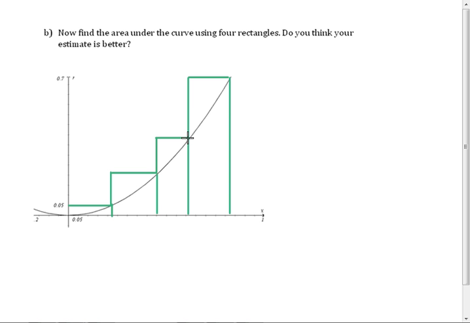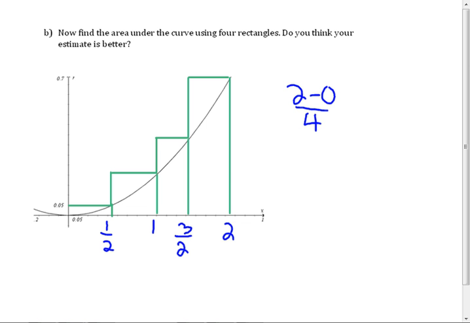I'm getting better at this. Okay, so now if this is 2 and I have 4 rectangles, what size will the bases be? A half. So that's a half, and this is going to be 3 halves. I want to do things in fractions. Because I took 2 minus 0, and I divided by 4.